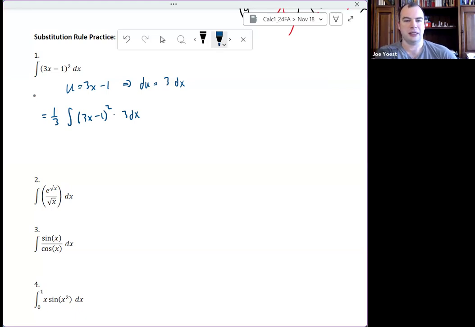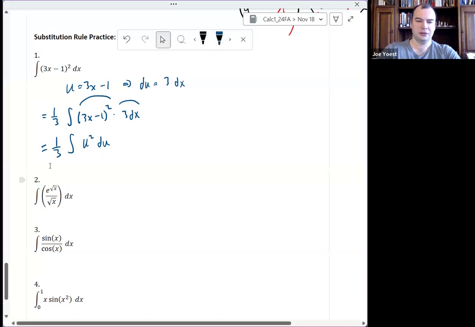Du would then be 3 dx. And we don't have a factor of 3, so we can put it in and take it out, multiplying by a 3/3 inside the integral, pulling the 1/3 factor out of the integral. And this ends up being 1/3 integral of u squared du. I've used everything in my previous integral and nothing that's not in it. So it looks good.